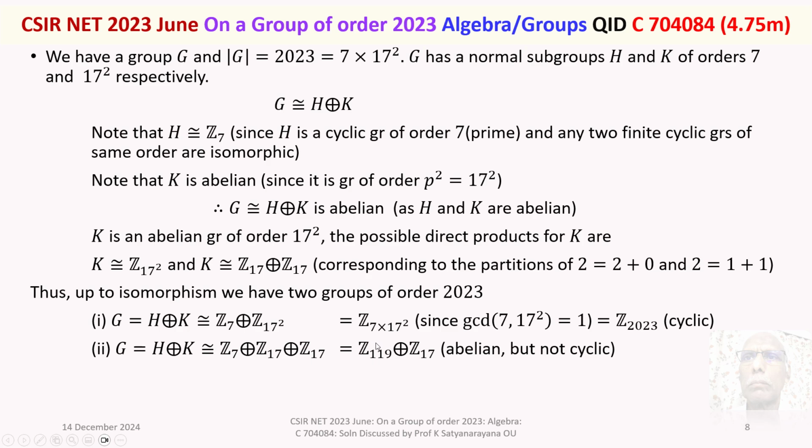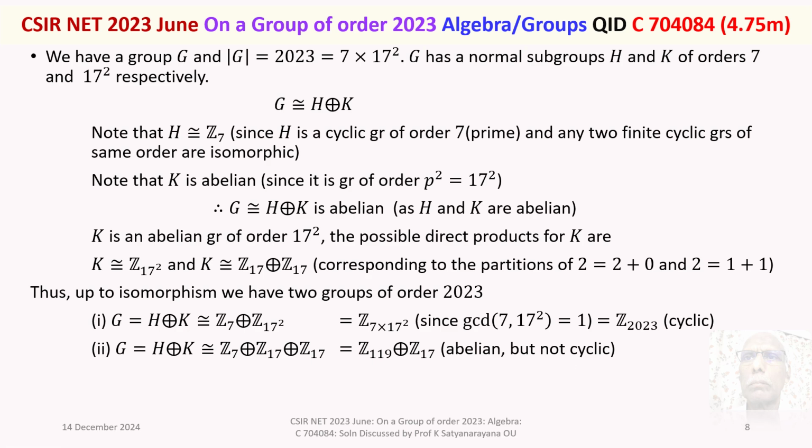It's abelian. We have already seen G is abelian. But this is not cyclic. How can you say that this is not cyclic? The highest order of any element in Z119 ⊕ Z17 is 119 only. You cannot find an element of order 2023 in this. Therefore, it is abelian but not cyclic.